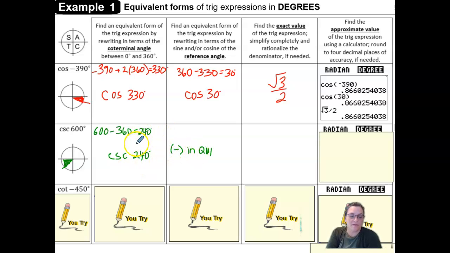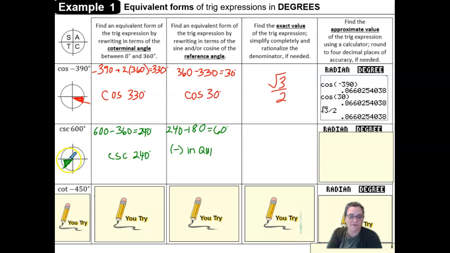So the reference angle for 240 degrees is with respect to 180. So we're going to take 240 minus 180 to get a 60-degree reference angle.